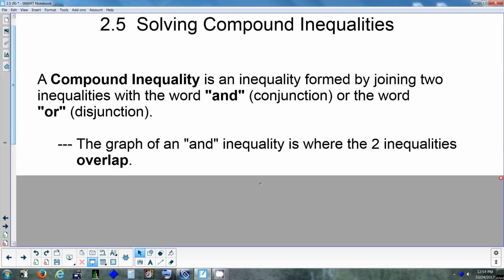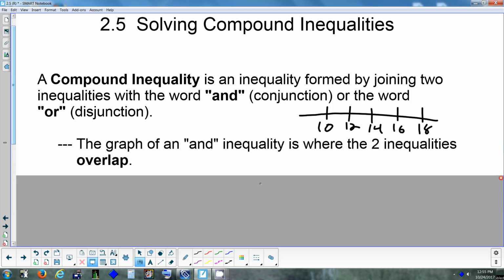The key is when we're shading, with the word "and," you're shading where things overlap. You're looking for where things overlap. So if we were thinking of my example with ages, if I said you had to be older than 14, what inequality symbol does that mean?